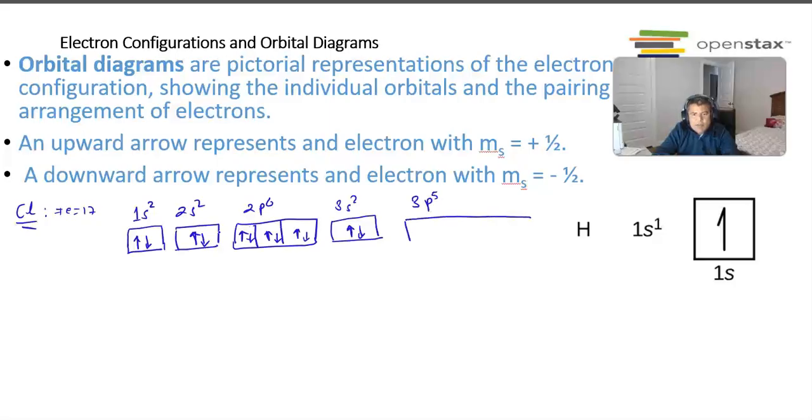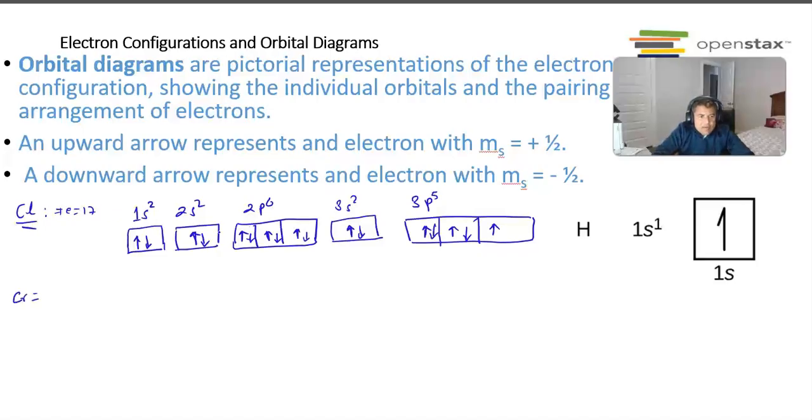Now let me fill that 3p5 here. P has 3 orbitals, so 5 electrons are here: 1, 2, 3, 4, 5. So 3p5. This is your chlorine.